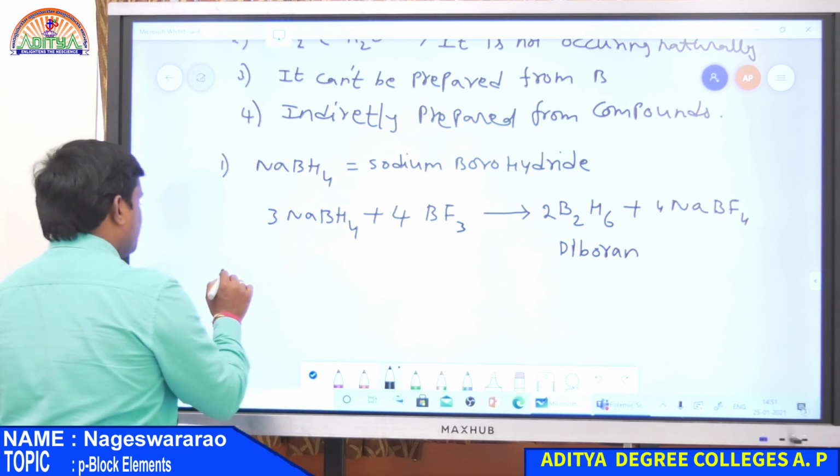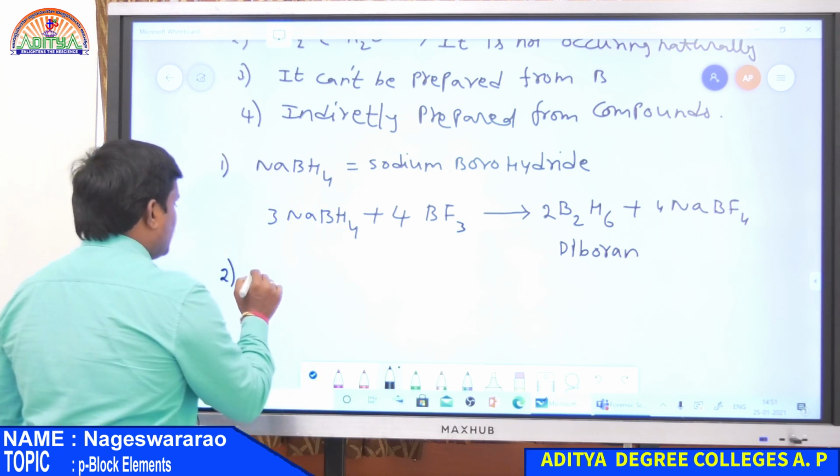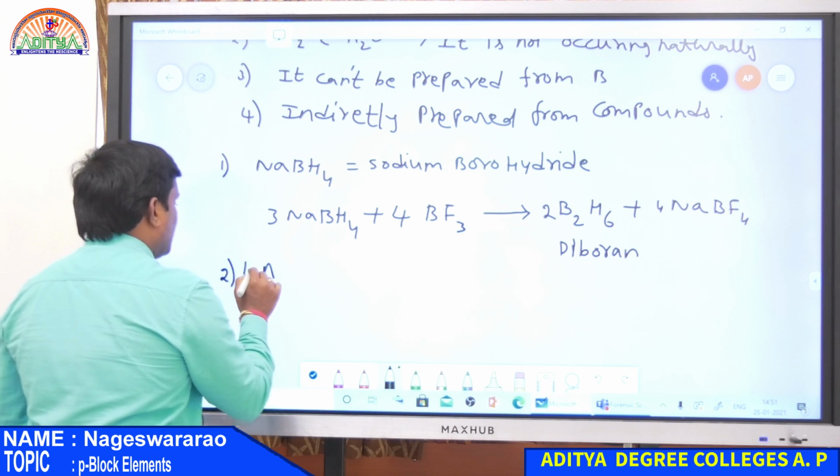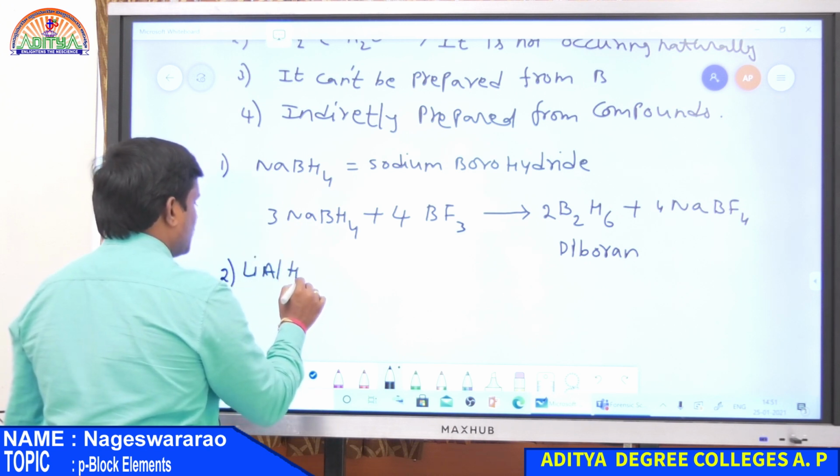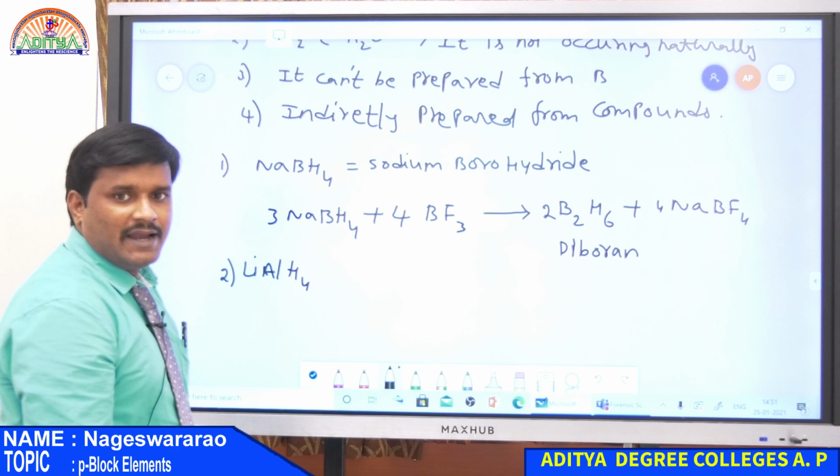Now second one, from LiAlH4, lithium aluminum hydride.